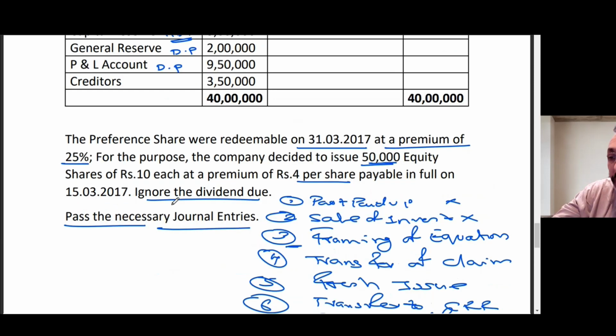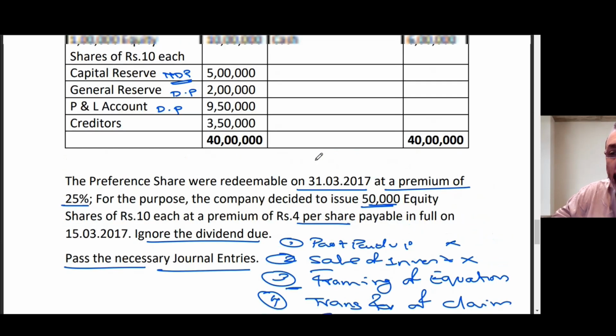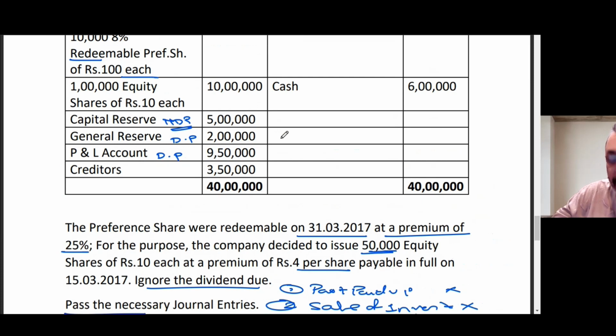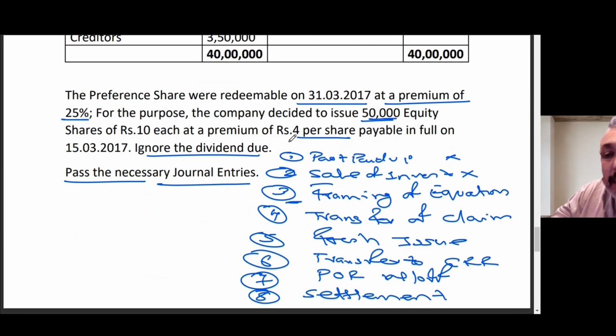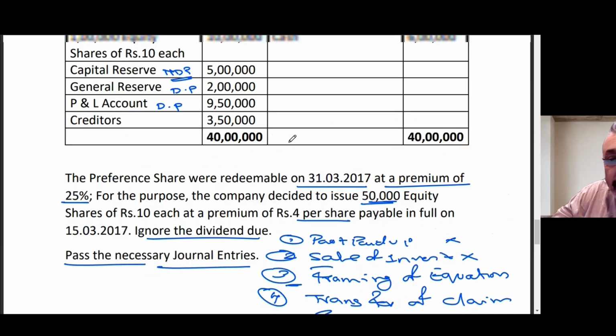ये पैसा वापस कैसे कर रहे हैं वो लोग? They are issuing 50,000 equity shares of 10 each at a premium of 4 per share. यानी यहाँ पे इक्विटी शेयर बेचे जा रहे हैं और 10 रुपए के हिसाब से 50,000 इक्विटी शेयर्स इंटू 10, तो बाकी जो पैसा कम पड़ेगा वो अपने को कहाँ से लेना पड़ेगा? जो डीपी हमने मार्क किया वहां से वो पैसा लेना पड़ेगा. Anything else beside that?